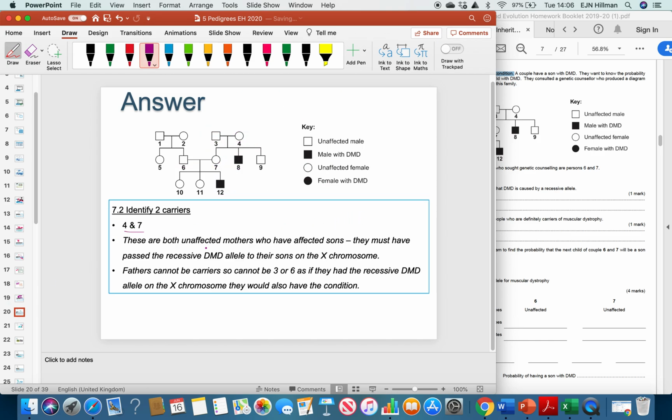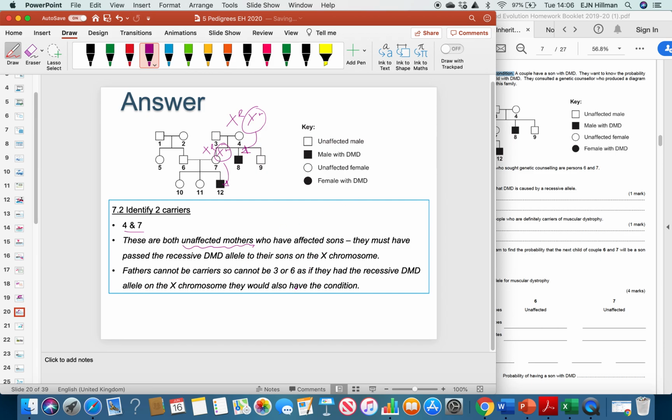So 4 and 7, both unaffected mothers who have affected sons, must have passed on the recessive muscular dystrophy allele to their sons on the X chromosome. So 4 is a carrier or heterozygous, and 7 is also a carrier or heterozygous. They pass on their recessive alleles to their sons.